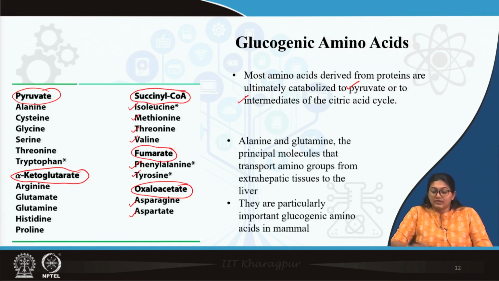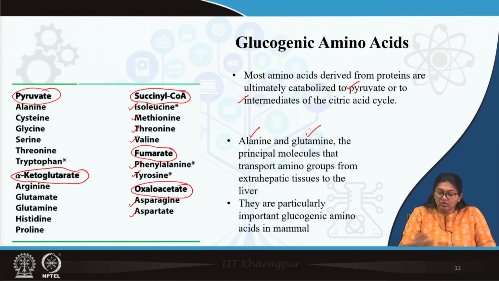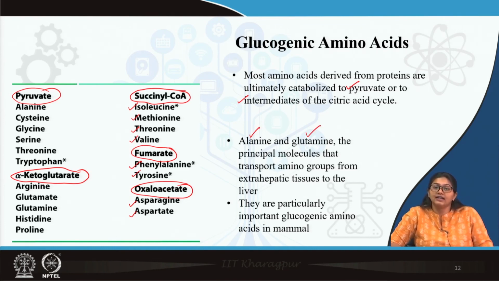Now, these are the main amino acids, alanine and glutamine, which actually transport the amino group from extrahepatic tissue to liver with a set of reactions, transamination or sometimes deamination.